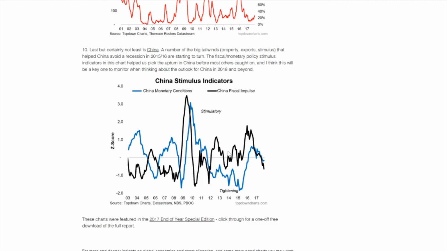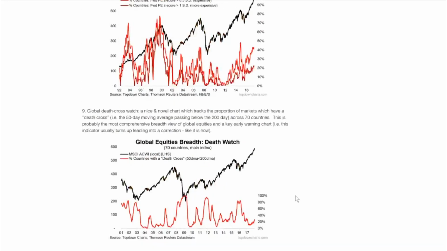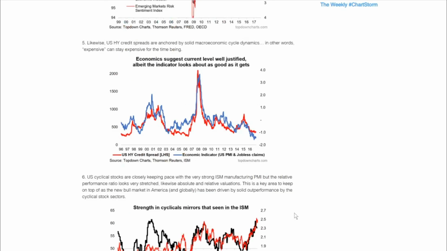So this is probably one of the key ones to be thinking about this year: both the fiscal impulse and the monetary conditions becoming less stimulatory, and if not, at some point becoming a headwind. And so those are the 10 that really stick out to me as ones to watch.